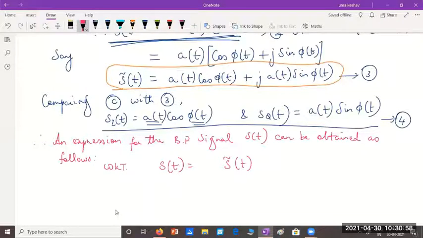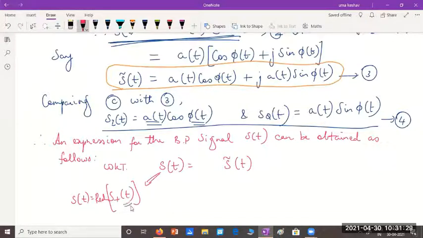Or at least tell me what is the link between S of t and the pre-envelope S plus of t. What is S of t in S plus of t? Yes, we use this so often. S of t is nothing but the real part of S plus of t, where S plus of t is the pre-envelope.